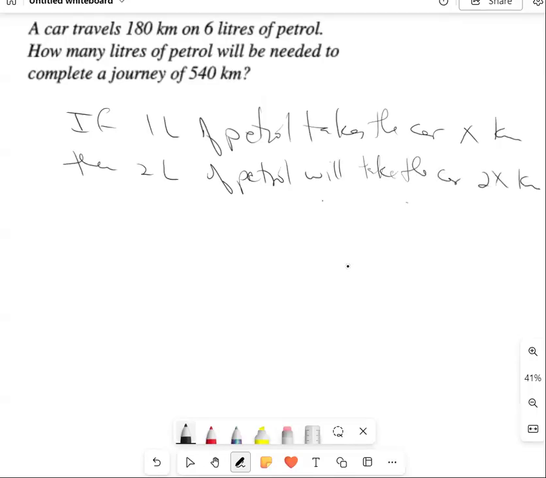Tell me if you agree. Also, 3 liters of petrol will take the car 3x km, right?